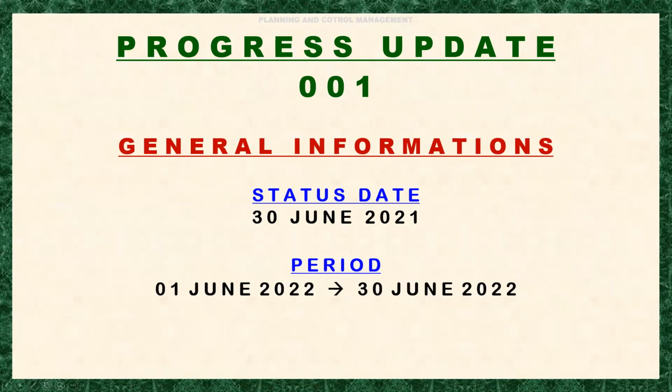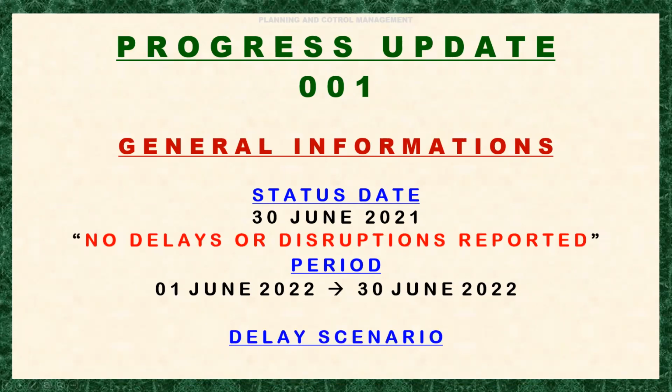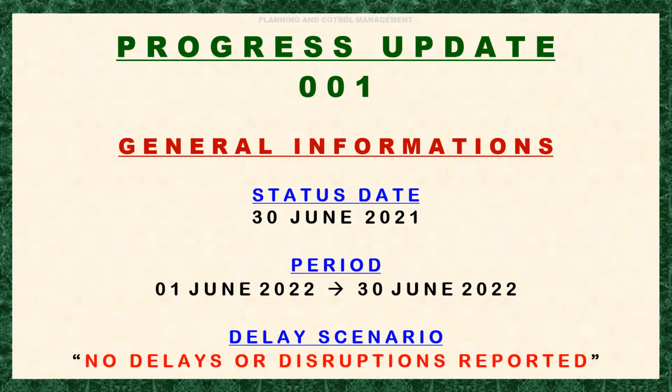And the period includes June 1 up to June 30, 2022, because this is our first update. So the project start is the same as the data date. And there is the delay scenario. So for this first update, we assume that there are no delays or disruptions reported.